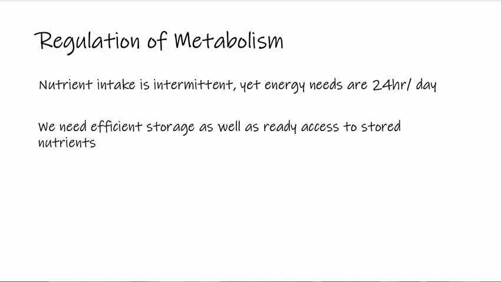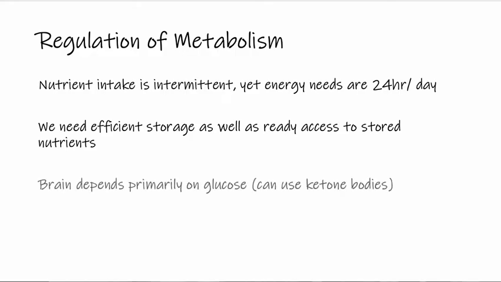This means that we need to have efficient ways of storing this material, as well as ready access to these nutrients when we are not eating. An important underlying concept of this entire discussion will be the fact that our brain depends primarily on glucose for its energy needs. It can use ketone bodies, but glucose is its primary energy source.